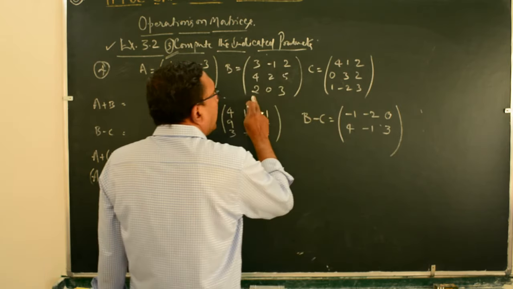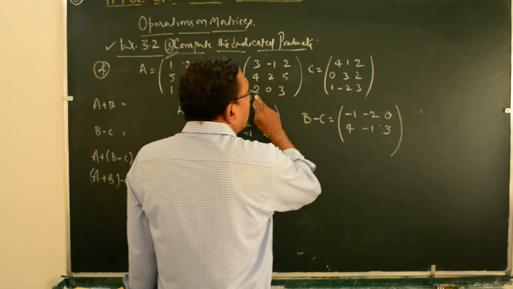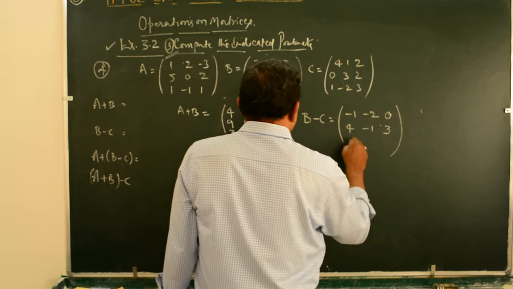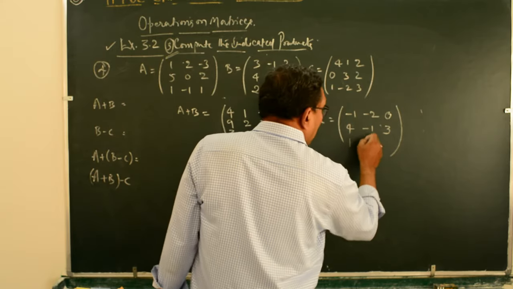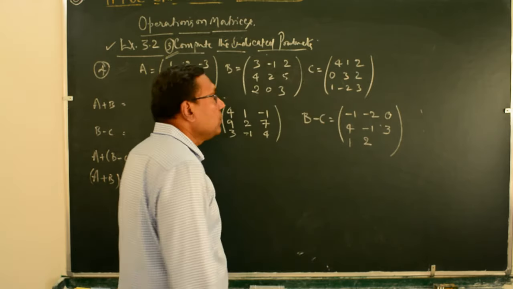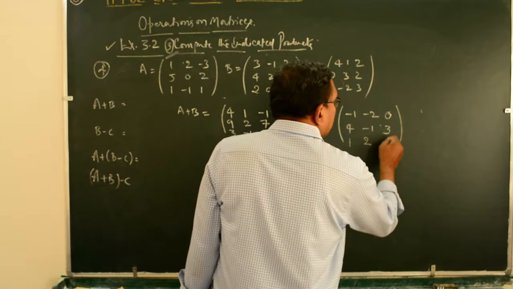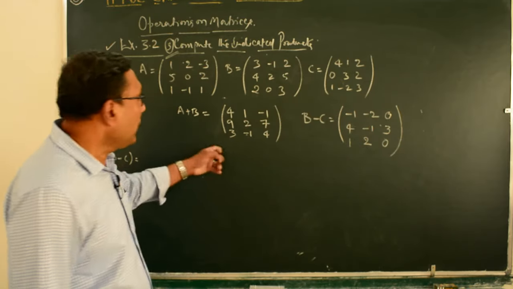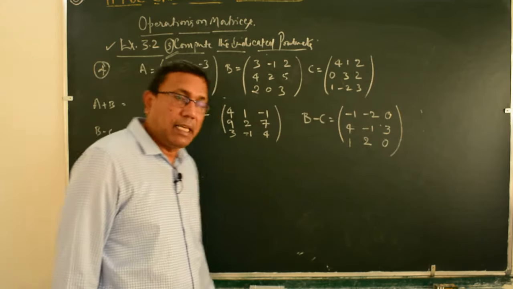And 2 minus of 1 is 1. 0 minus of minus 2 is plus 2. And 3 minus 3 is 0. Now we have got A plus B and B minus C. Let us prove this.